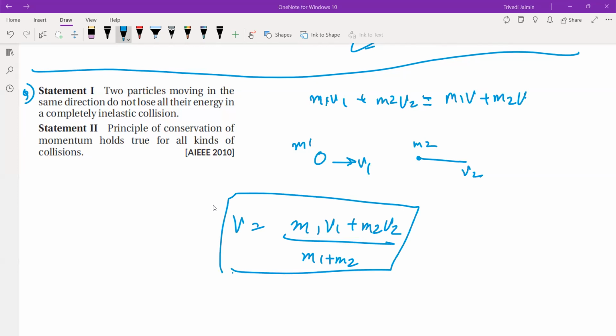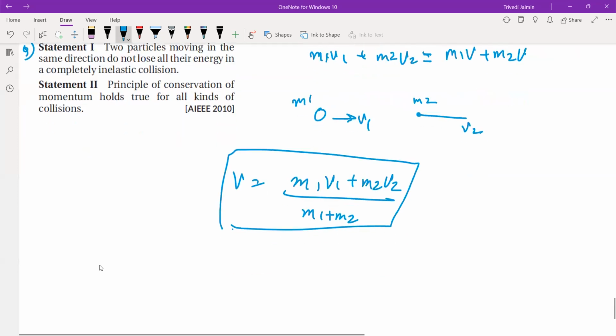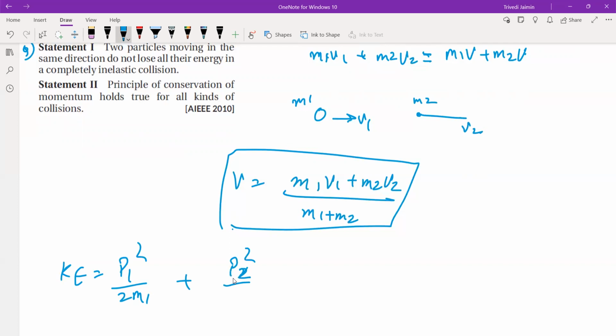Okay. So KE for initial and final, if we add those, p1 square by 2m1 plus p2 square by 2m2.